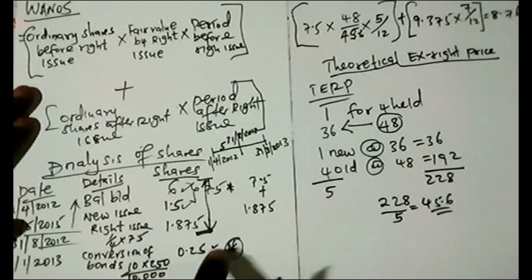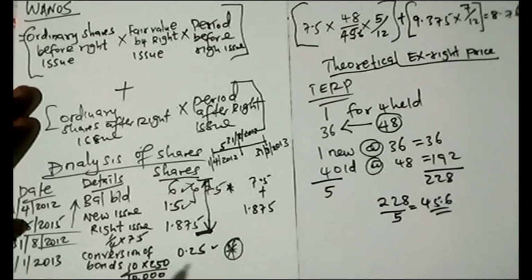These shares have not affected our formula. So for example, if you were given these 0.25 shares and told to determine the weighted number of shares, there is no rights issue in that setting. You are just given the ordinary shares.